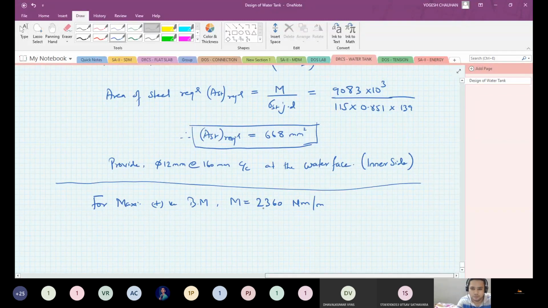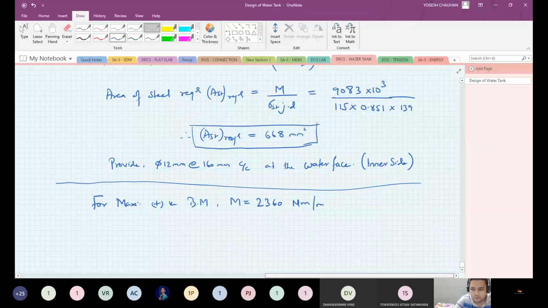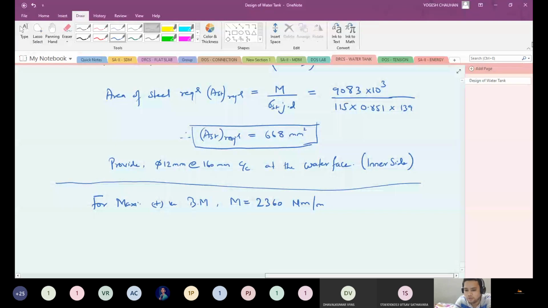The things become simple because the exercise is reduced, as you have the coefficients of the moments, positive moments, negative moments, as well as the radial pressure. You just have to multiply these coefficients with some factor and you will get the design moments and design pressure. Using those, you can then design the section. So let's stop here. If you have any doubt in today's lecture, we can discuss.